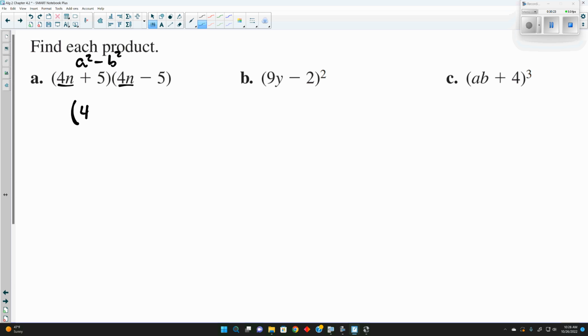So really what I'm saying is I have 4n squared minus our b is 5 squared. 4n squared, 4 squared is 16. N squared is n squared, minus 5 squared is 25.